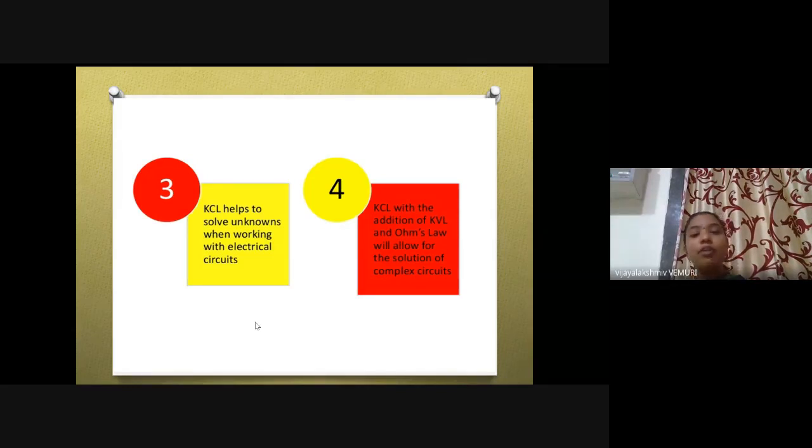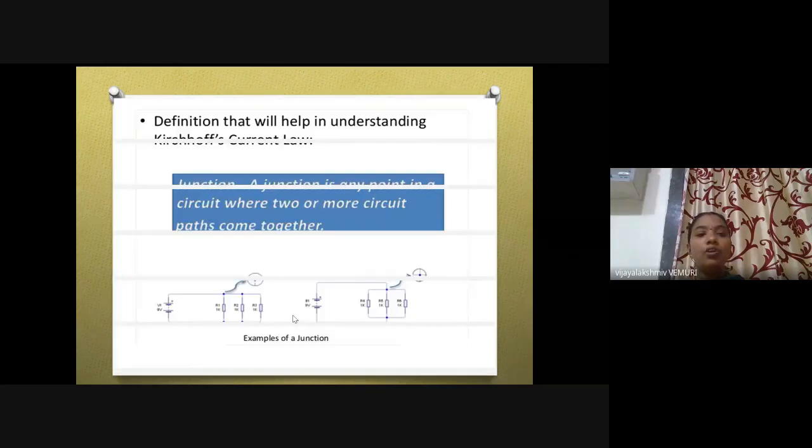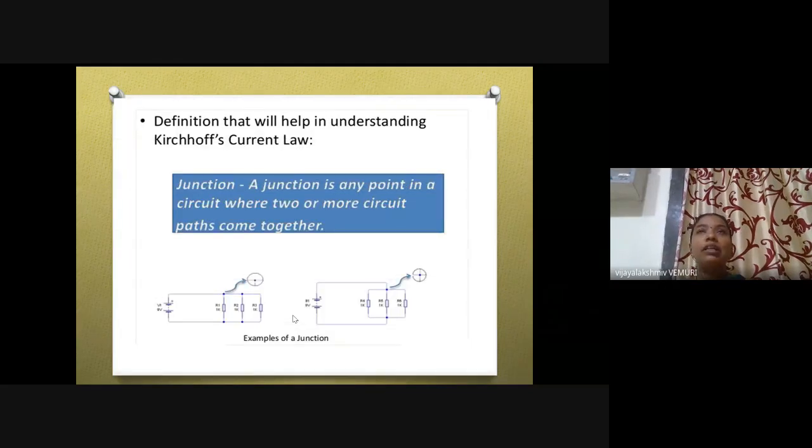You are also able to find out the power delivered to all the branches once you know the branch currents and voltages. But in case of nodal analysis or node method, you are going to find out the node voltages first.